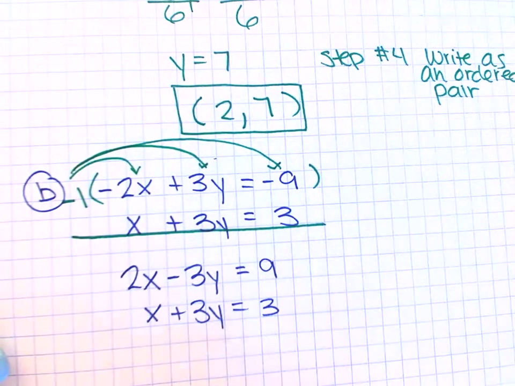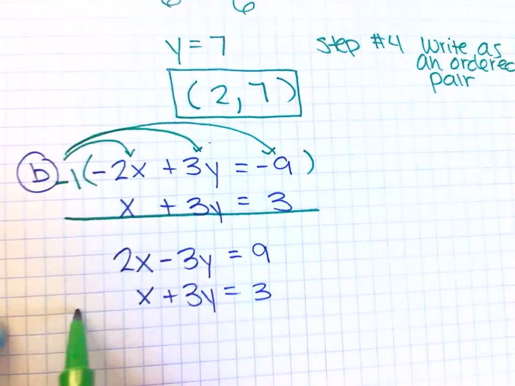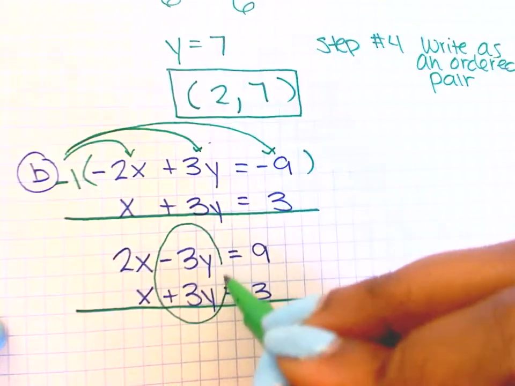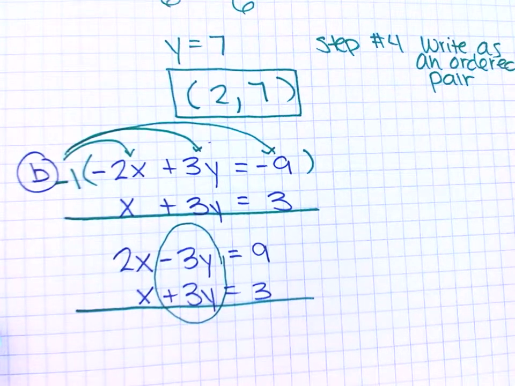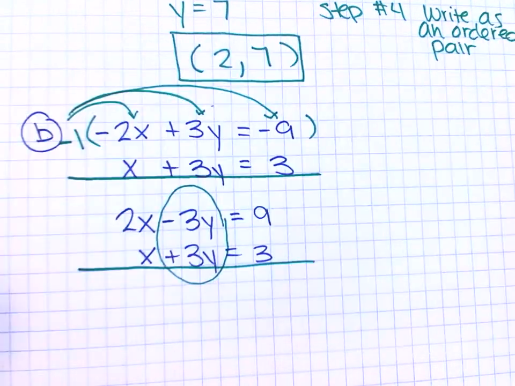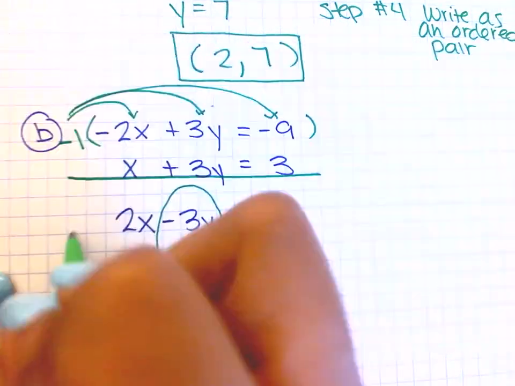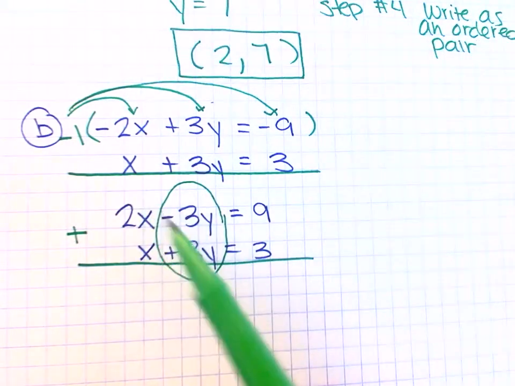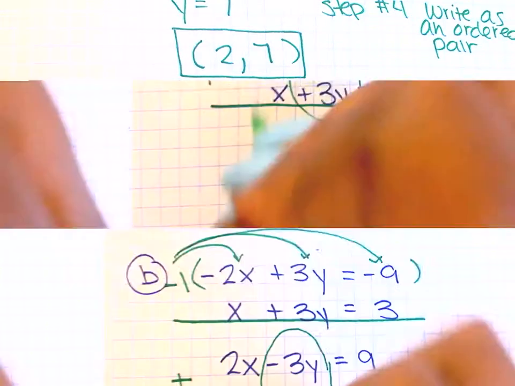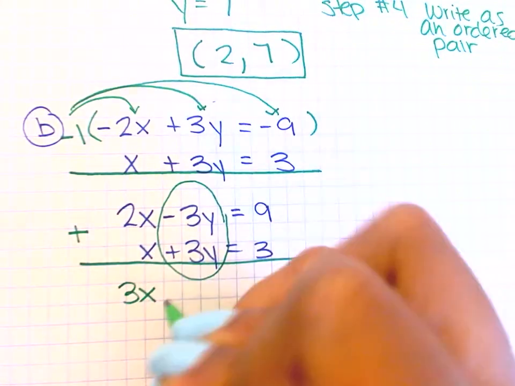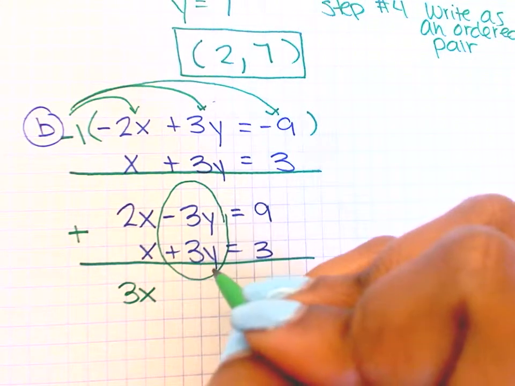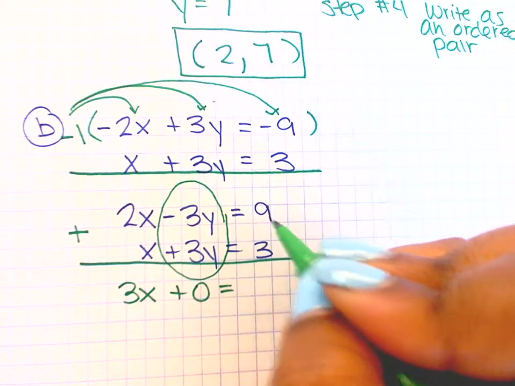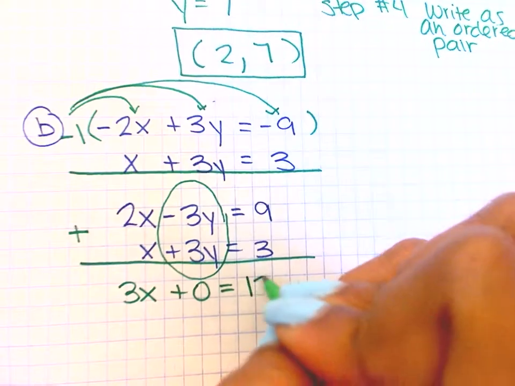Now I can solve by elimination, because my -3y and my positive 3y are going to equal 0. So I'm going to add. 2x plus x is 3x. -3y plus 3y is 0. 3 and 9 is 12.